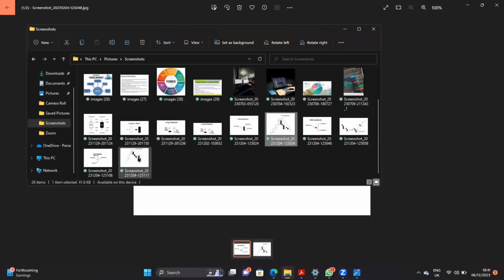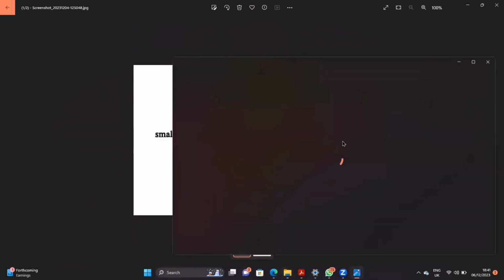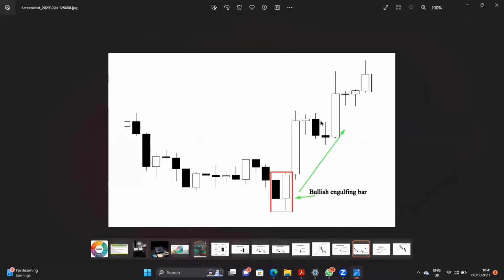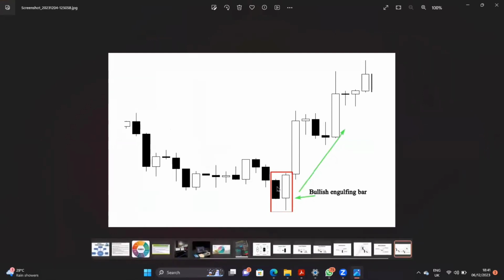All right. So here, I think I've shown you something like this before. So we've done something like this, and then look at this area. You can see my chart. We have a bullish engulfing bar, right?